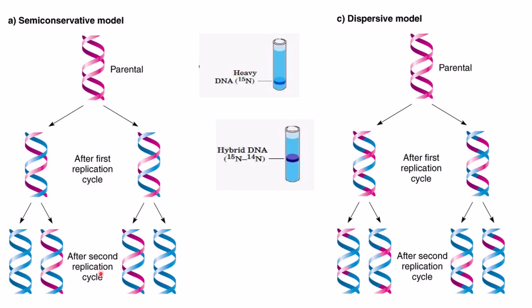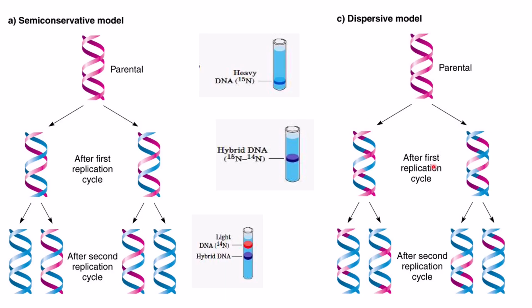After the second round of replication, that is after 40 minutes, we have these 4 daughter DNA duplexes here. As you can see, out of these 4 daughter duplexes, 2 DNA duplexes are made up of completely new DNA, that is the light DNA, and 2 daughter duplexes are made up of hybrid DNA. This on density gradient centrifugation should be giving us 2 distinct bands, one of the hybrid DNA and the other of the light DNA.